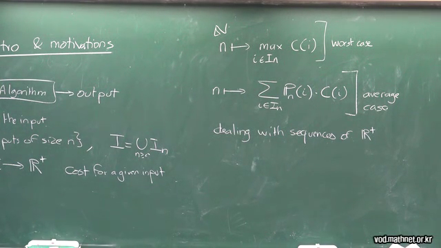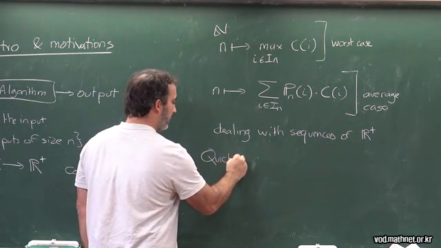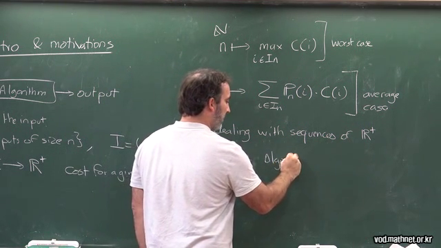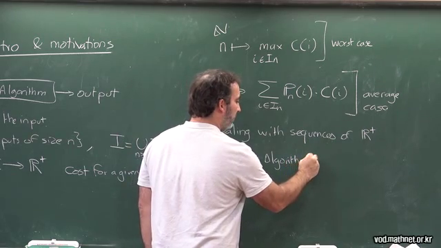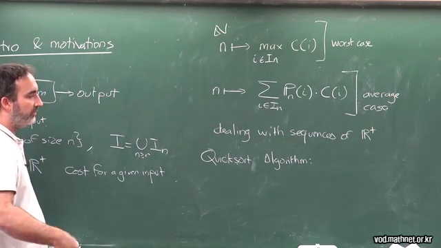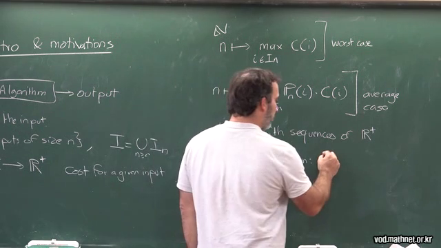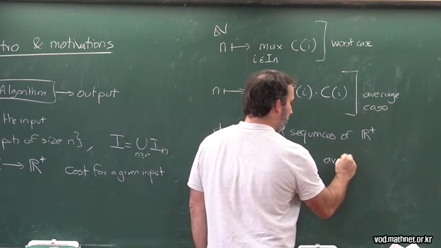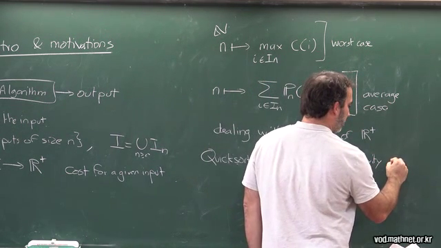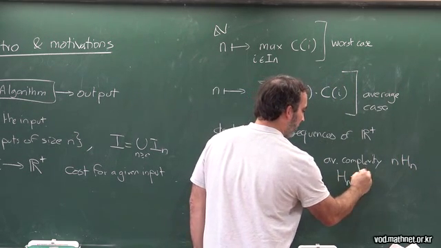So, for instance, one result is, I don't know if you know this algorithm, the quicksort algorithm, which is a very classical one, you can prove that the average number of comparisons you need to sort an array using this algorithm is n H_n, where H is the harmonic series.